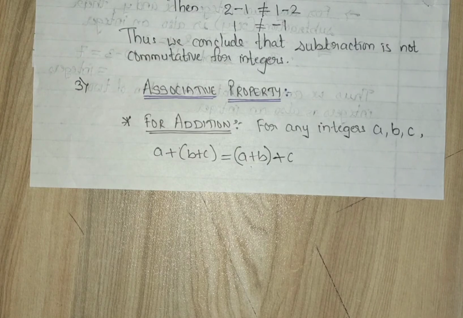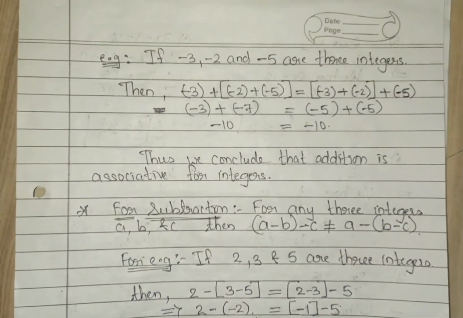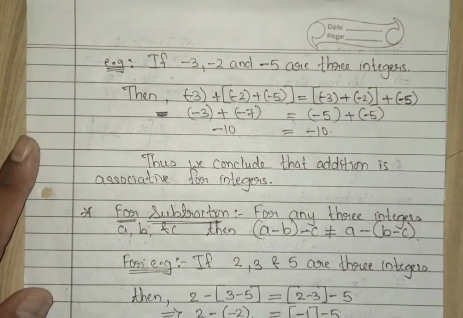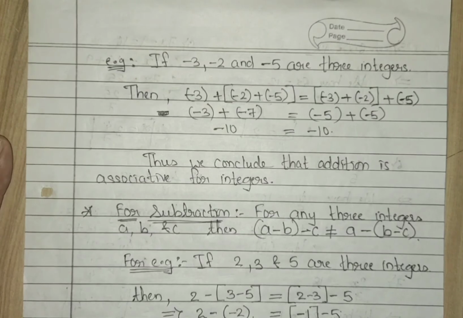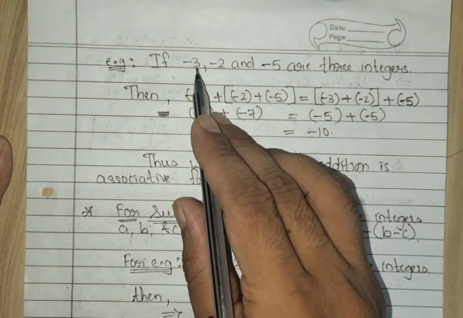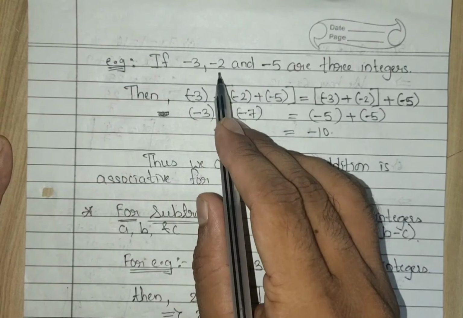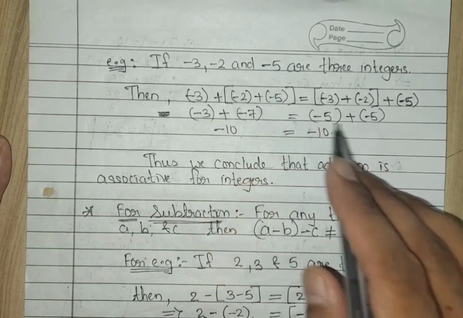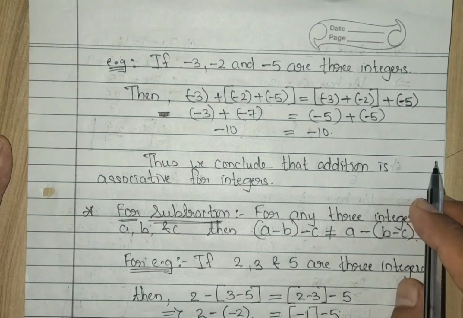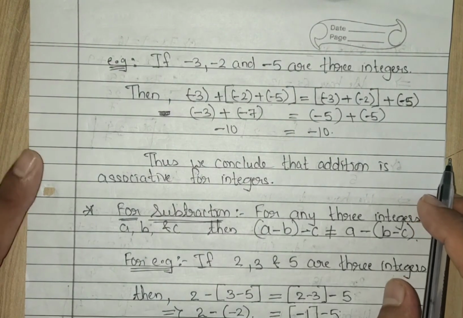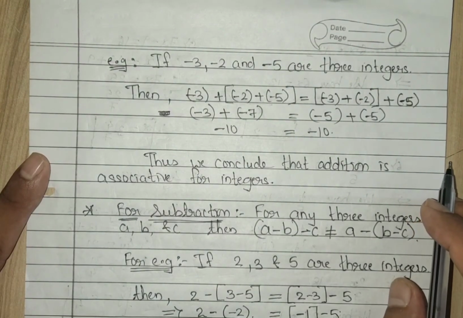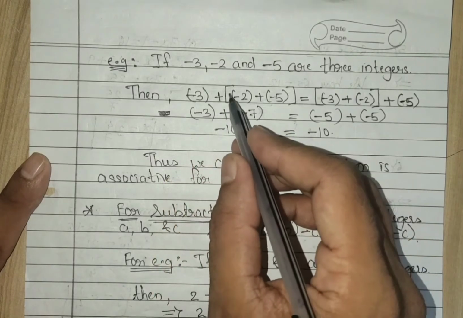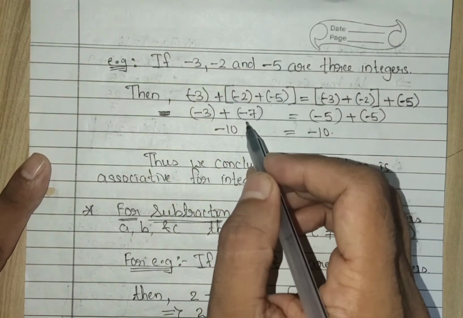Let us take one example to explain that. I have taken three numbers. Here a is equal to minus 3, b is equal to minus 2 and c is equal to minus 5. And now we are checking if addition is associative or not. So first I have grouped b and c.